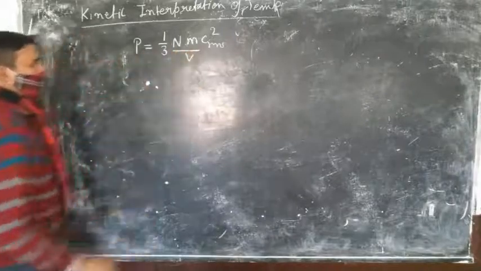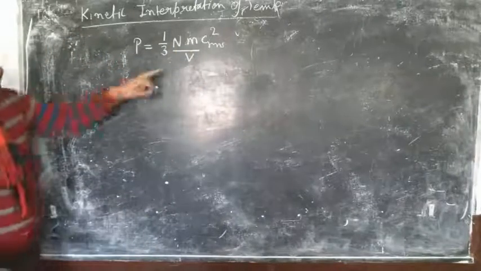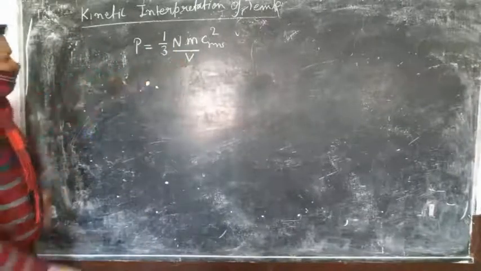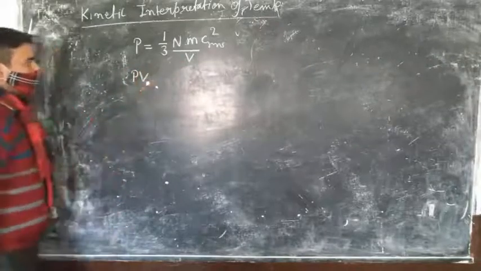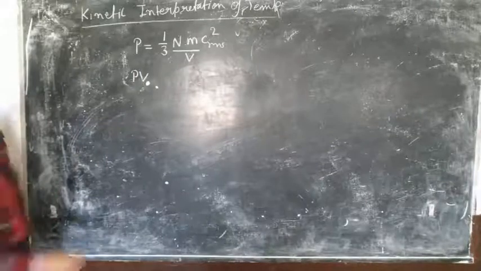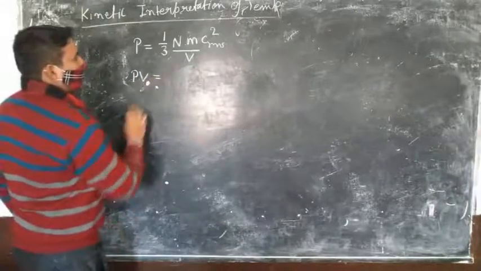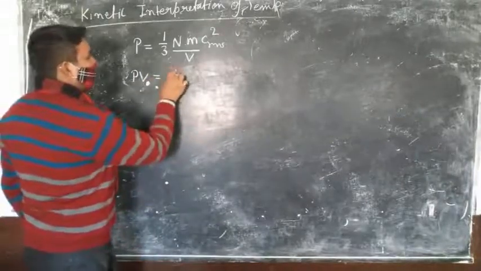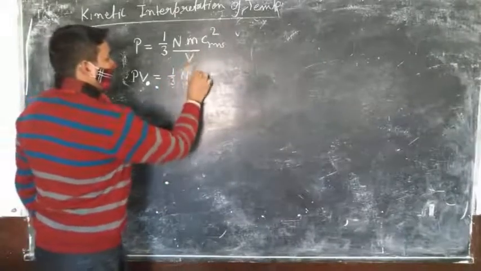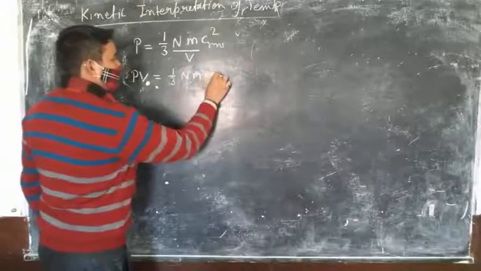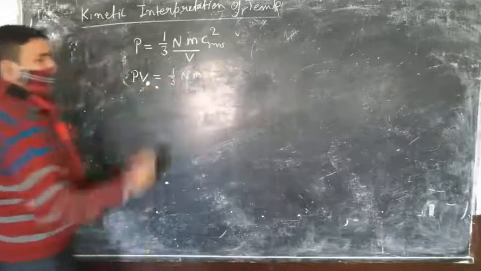Upon V. Now students, when we multiply this V with pressure, we get PV is equal to 1 by 3 m CRMS square.